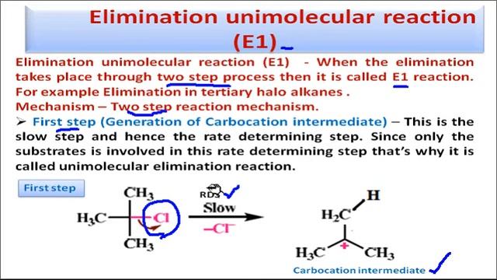In this step, only one molecule, that is the substrate molecule, takes part. That is why these reactions are called unimolecular elimination reactions, E1 reactions, because in the rate determining step only the substrate molecule takes part.